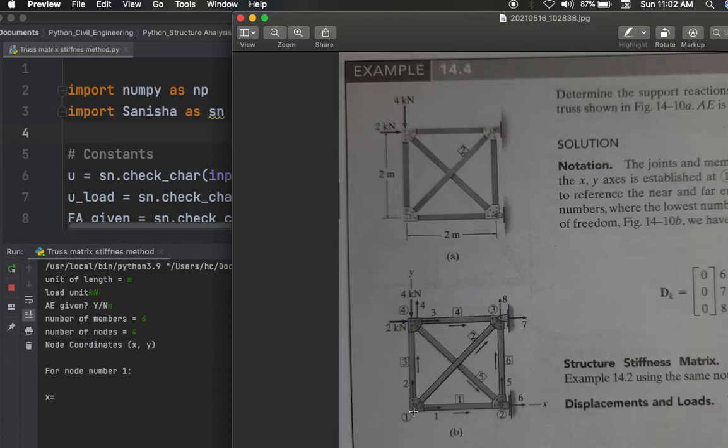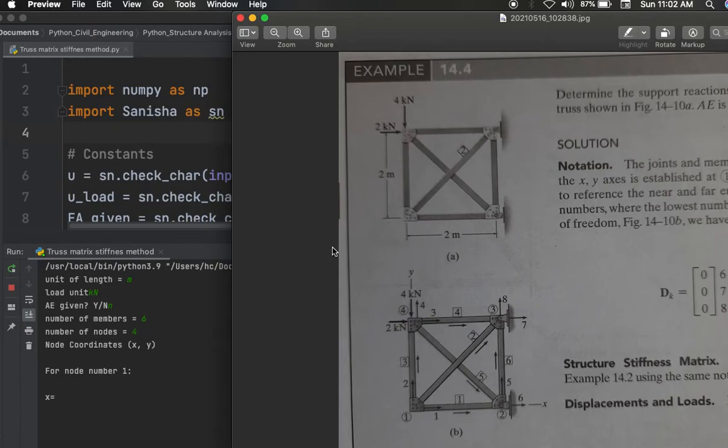So if I choose this joint number 1 as the origin, then the x value for 2 will be positive. It will be 2 meter. And x and y for joint number 3 will be 2 meter and 2 meter. Joint number 4 will be x is 0 and y is 2. So all these values are positive.